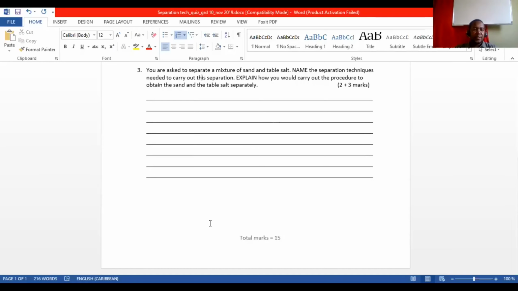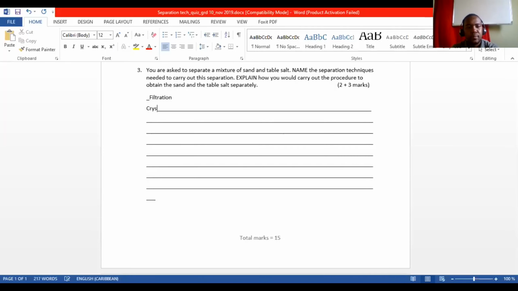So what are the separating techniques that you use to separate the sand from the table salt? Filtration and crystallization. How does the filtration come in?